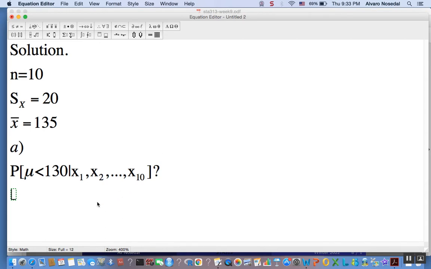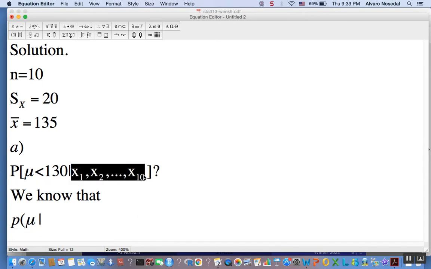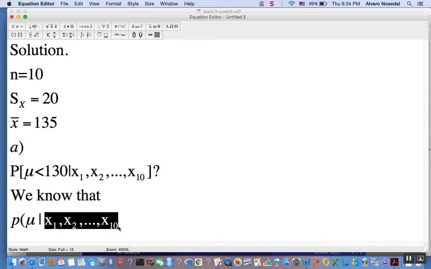Okay, so let me just remind you, we know that, and let me write it down like this, that the posterior probability of mu given a sample of size n is proportional to the posterior probability in terms of a transformation that we denoted by t, given that same sample.